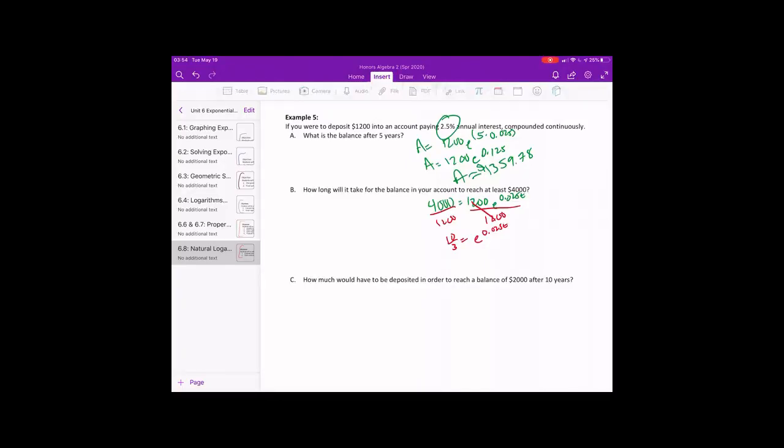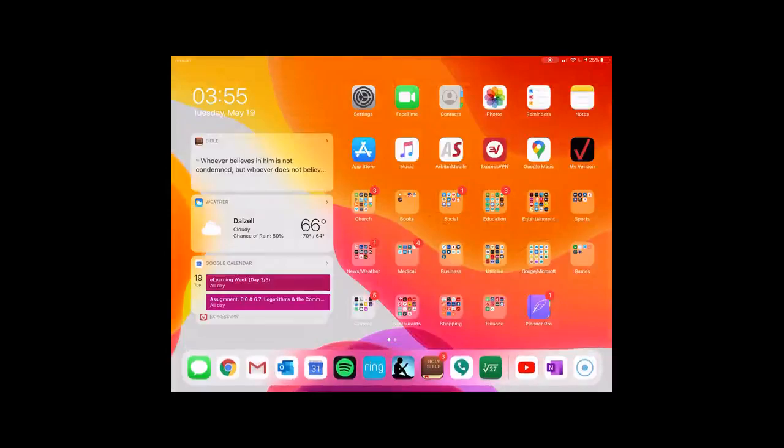We'll take the natural log of both sides. And so we're going to get the natural log of 10 thirds is equal to, and of course the natural log over here will cancel the e, 0.025t. We'll divide both sides by 0.025. And again, your calculator is your friend here.